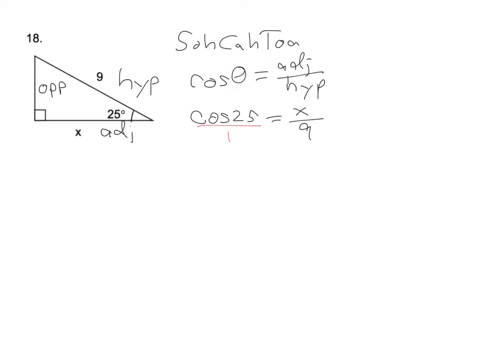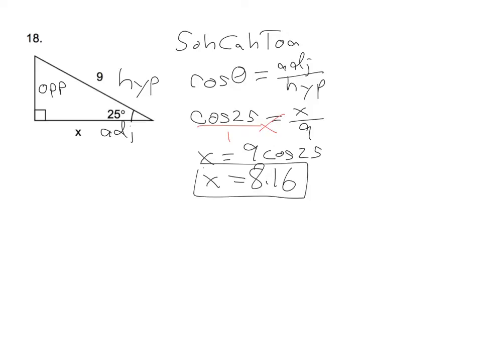I'm going to go ahead, put this over 1 and cross multiply, and so I'm going to find that x is equal to 9 cosine of 25, or x is equal to 8.16. Make sure that your calculator is in degrees mode here, since we're dealing with angles that are in degrees. If it's in radians mode, you'll get the wrong answer here.